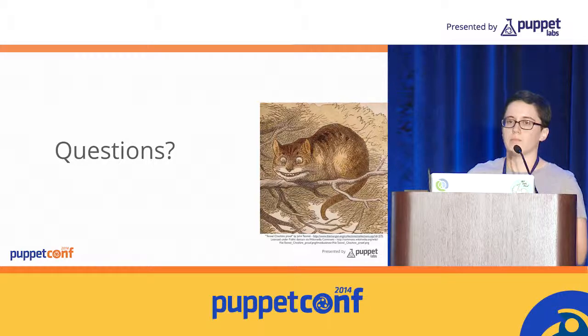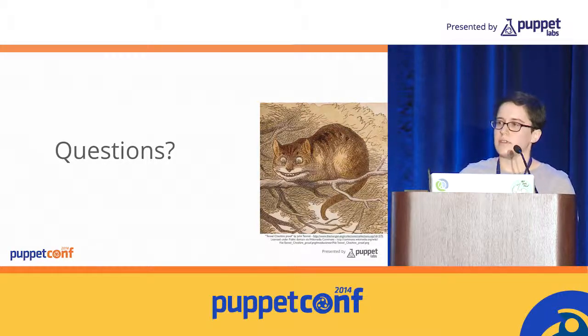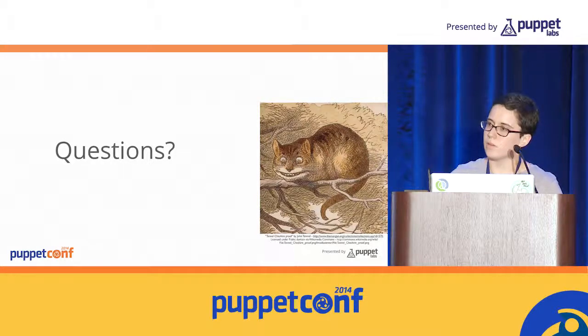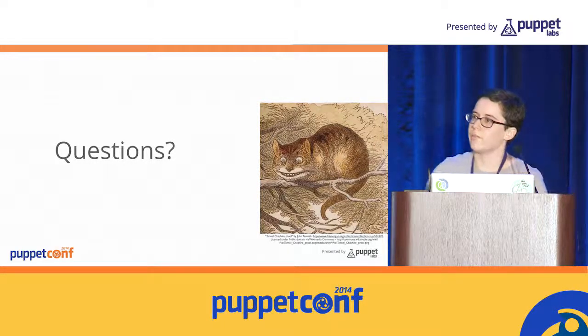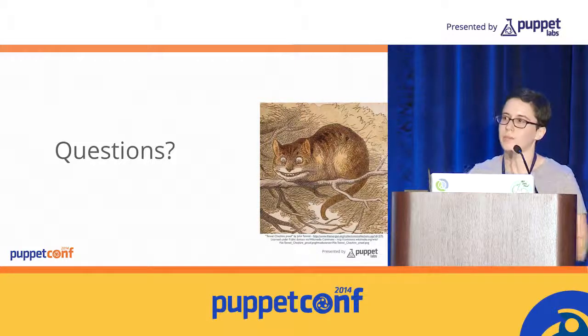So if you change the classes, or if you change what roles are associated with a user group, things like that. I don't know off the top of my head if there will be a time limit or what that will be. I think that might also be changing a little bit.